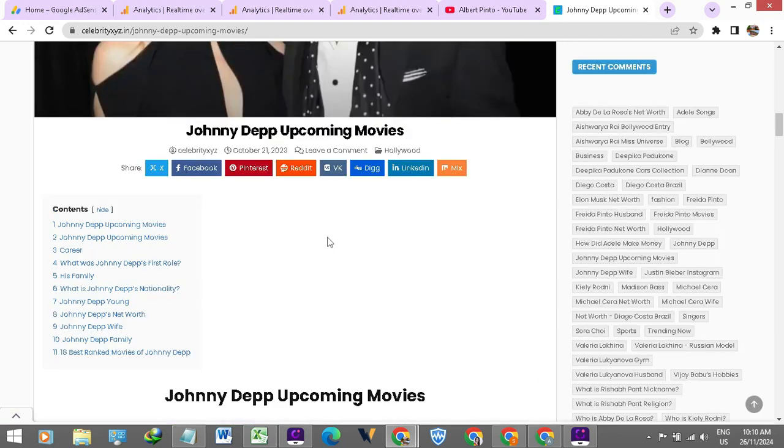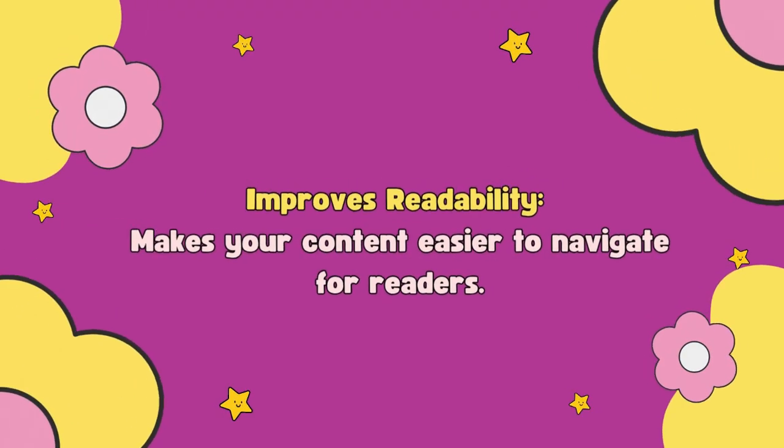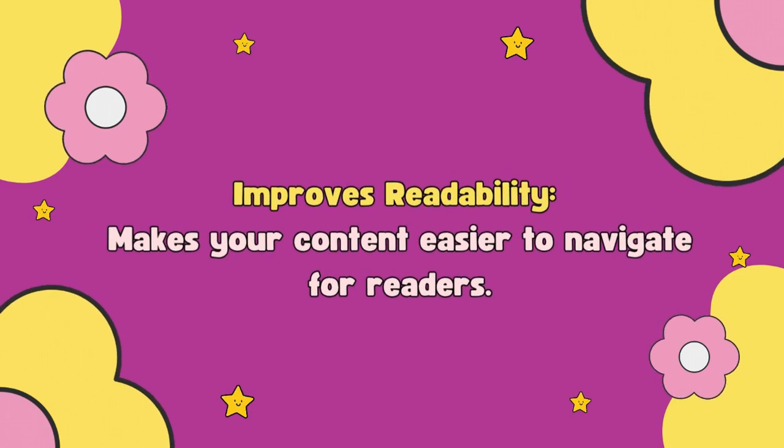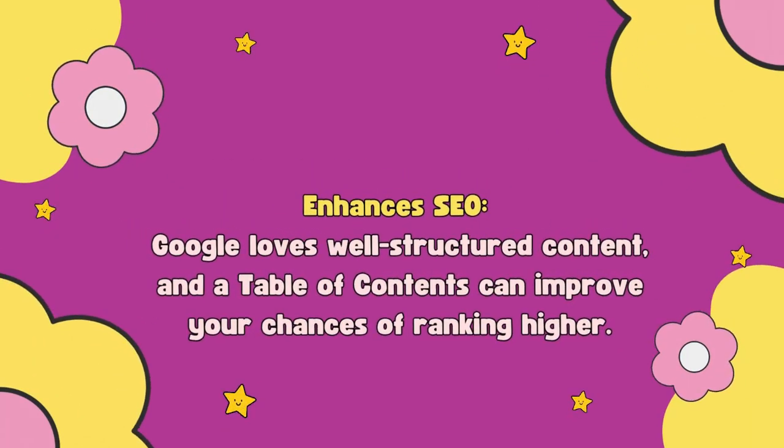Now, before we begin, let's understand the benefits of having a table of content. Point number 1, improves readability, makes your content easier to navigate for readers. Point number 2, enhances SEO.